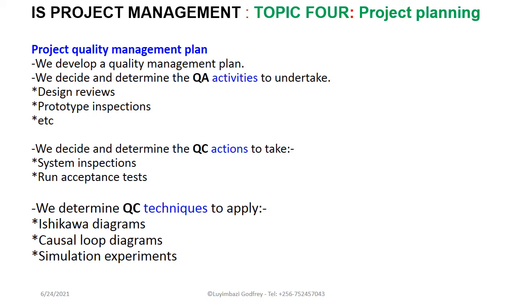All these we shall look at in detail when we are looking at topic number 5, which considers the various project management areas of knowledge, project quality management being one of them.